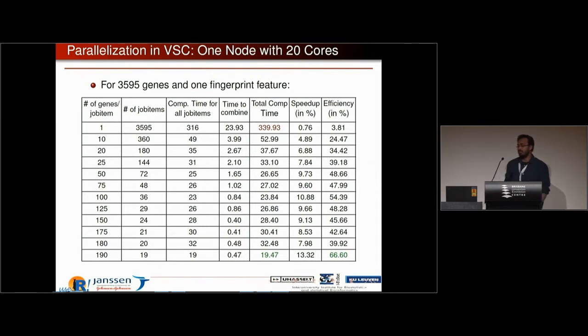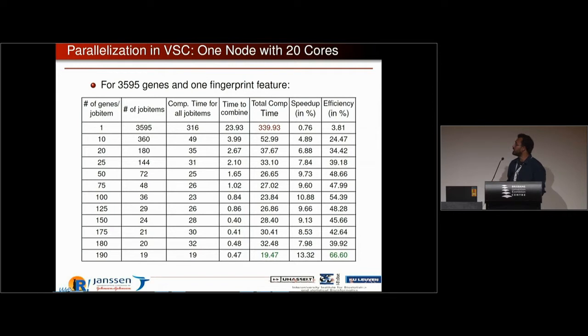This is one example where I used 20 cores but divided the 3,500 genes in different combinations. For example, you can give 10 genes to one core, or 100 genes to one core. It's interesting that even if you are using 20 cores all the time, you get a different amount of speed up. It's because of the number of job items we have.